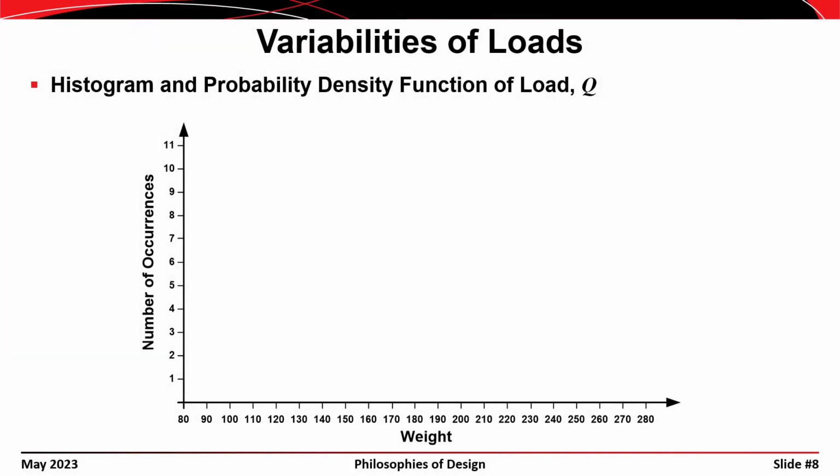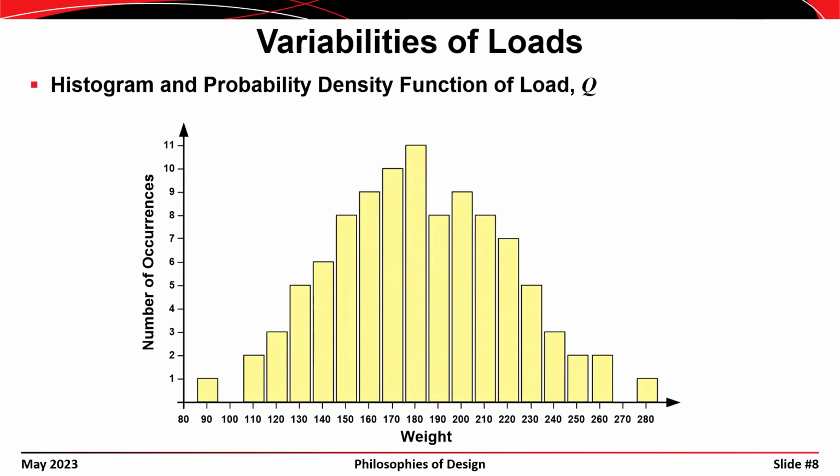Okay, we can represent that data a little bit differently. We'll plot it first as a histogram, where each one of these bars represents the number of instances in a particular group. So the one student that weighed between 86 and 95 pounds is in this bar here. The 2 students that weighed between 105 and 115 pounds is right there. This is called a histogram, and it represents graphically the binned data that we had on the previous slide.